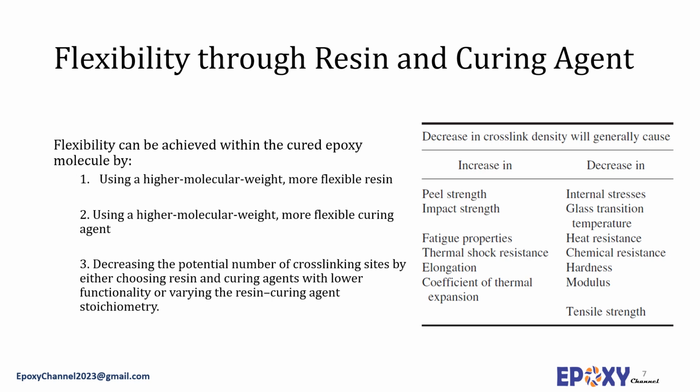Both the epoxy resins and the curing agent components can be made more flexible by increasing their molecular weight. Polysulfide and polyamide curing agents are examples of long-chain difunctional curing agents that offer improved flexibility in epoxy adhesive formulations.